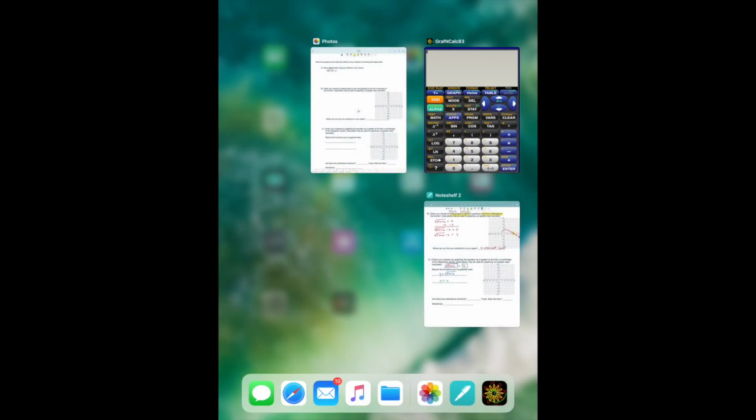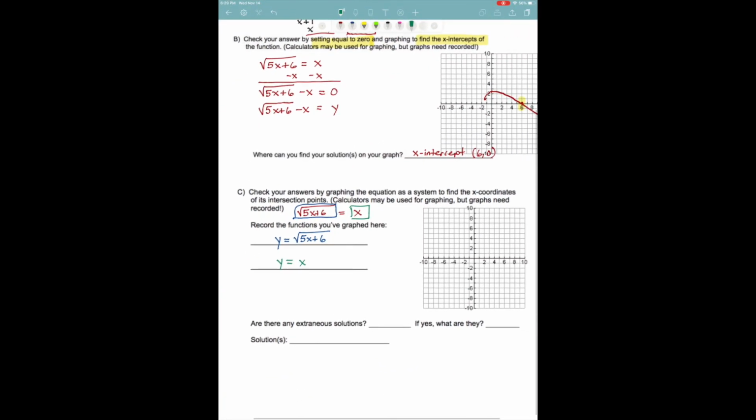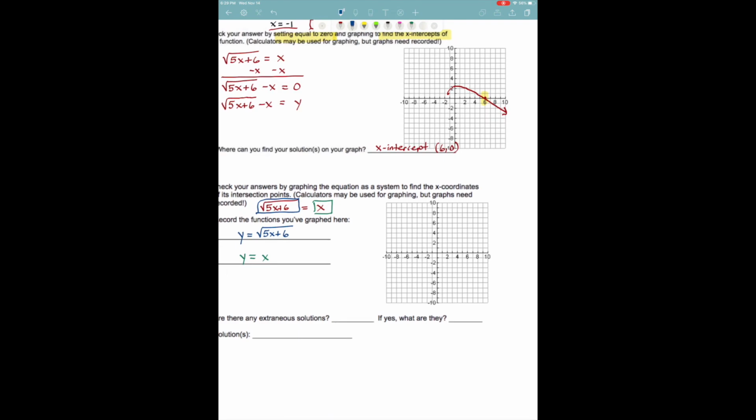So going back to it here, if you want to sketch that in, our blue function starts really close to negative 1. We know it went through the point 6, 6. Since it's just a sketch, we'll take it there and go out like that. We know that's what the square root function looks like.